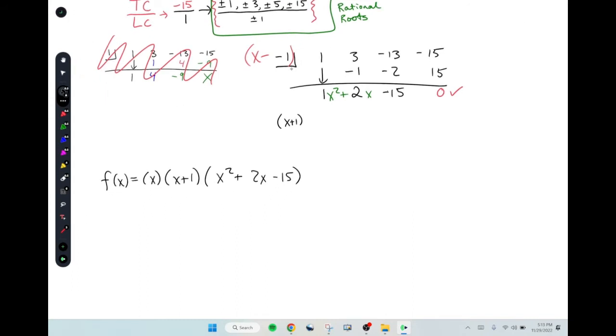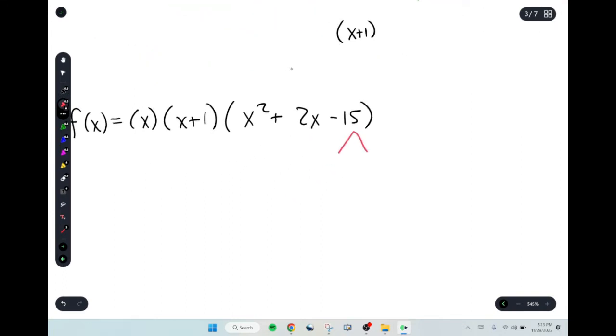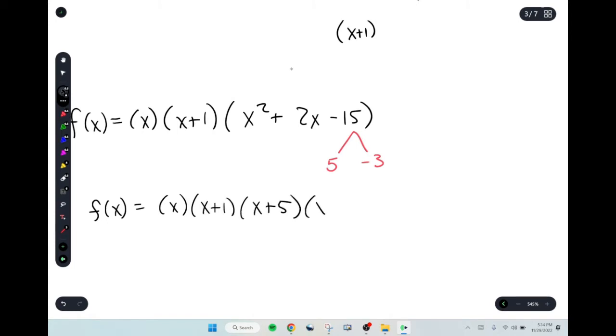Wait, 15 has 5 and 3 then. 15 breaks down into positive 5 and negative 3. So then we get f of x equals x plus 1, x plus 5, x minus 3. Right? Wait, no, that's right. I thought I messed up.